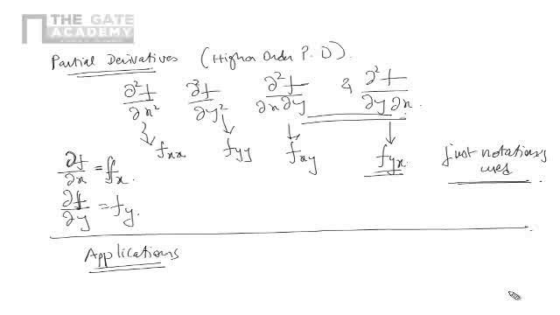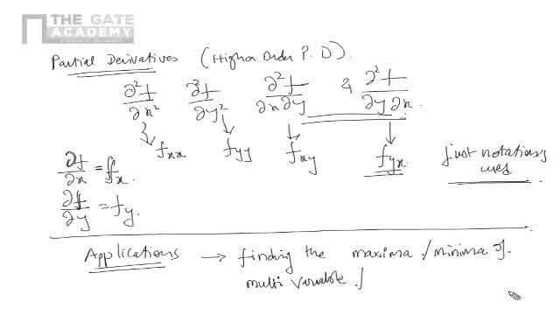The application is finding the maxima or minima of multi-variable functions, because in real terms we will have multivariable functions, and to find the maxima or minima of the functions we need to use partial derivatives.